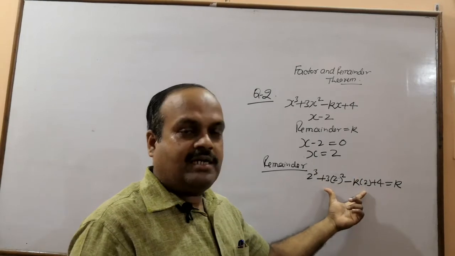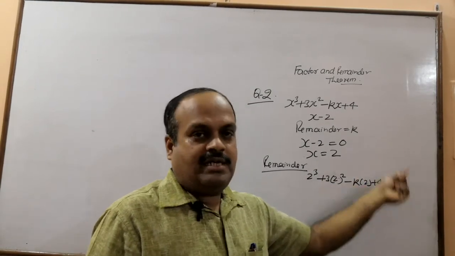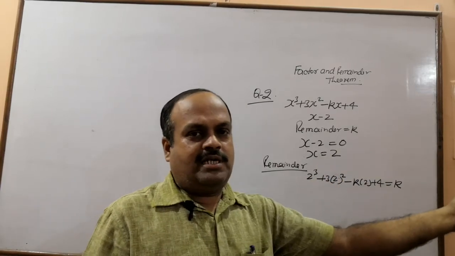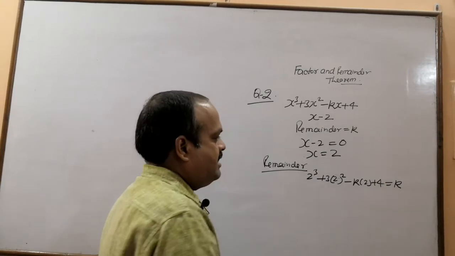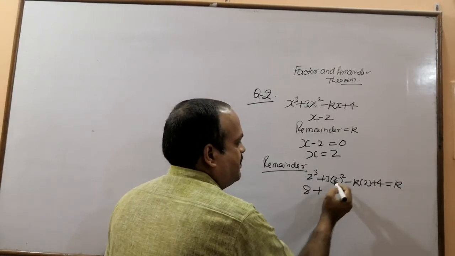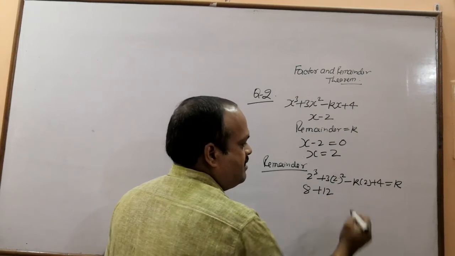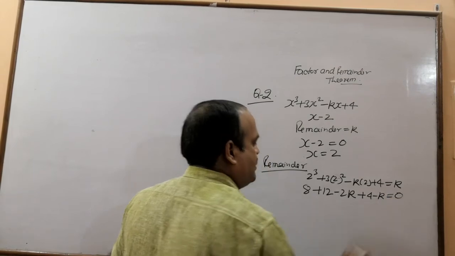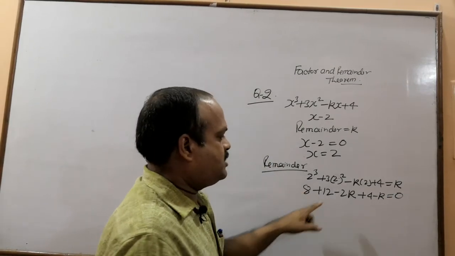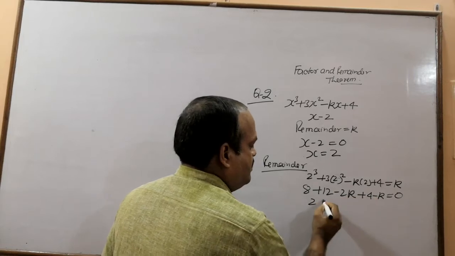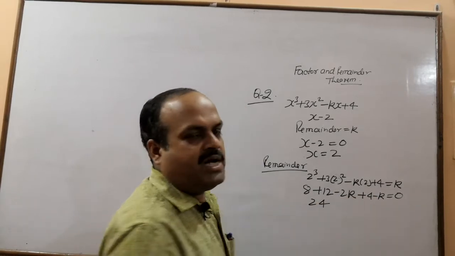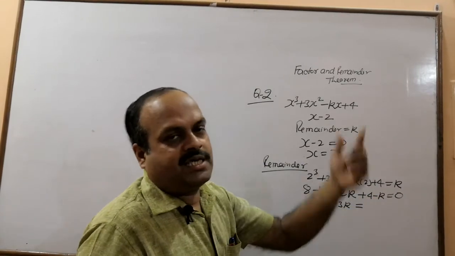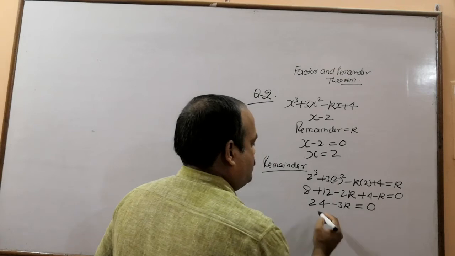So this is the remainder calculated by the remainder theorem, and this is the remainder given in the question. So both must be equal. Simplify this linear equation in k to get the value of k. 8 plus 4 3s are 12, minus 2k plus 4 minus k equals 0. 8 plus 12 is 20, 20 plus 4 is 24, minus 2k minus k becomes minus 3k equals 0.